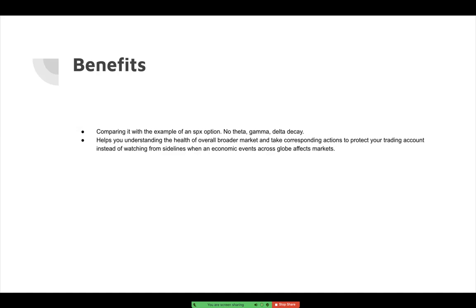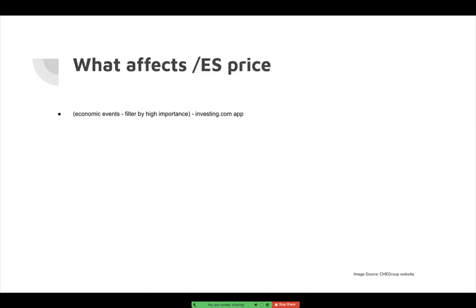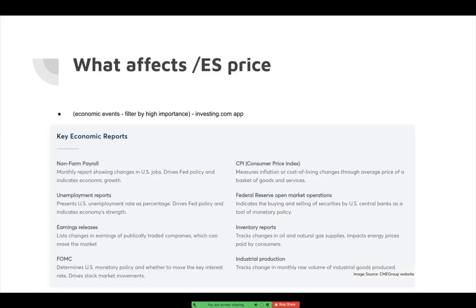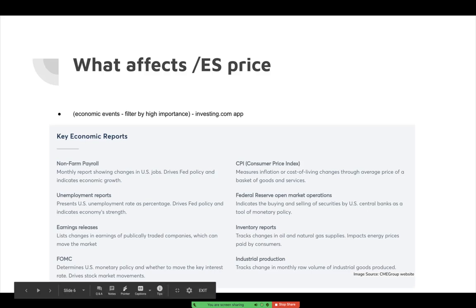So several events across the globe affect this S&P 500 index. So this ES trading will help you to be ahead of the game, before stuff happens. As explained before, what affects the ES price is several key economic reports like non-farm payrolls, unemployment reports, earnings releases, FOMC meeting.